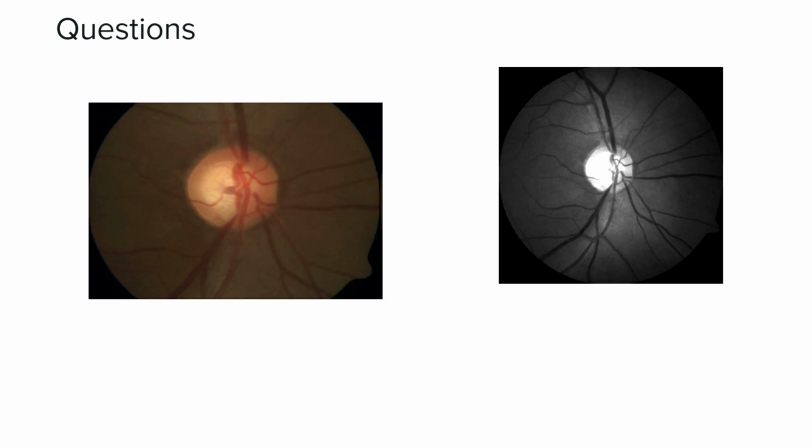The cup disc ratio is around 0.8, and there is no peripapillary atrophy, no disc hemorrhage is seen, and there is nasalization of the vessels.